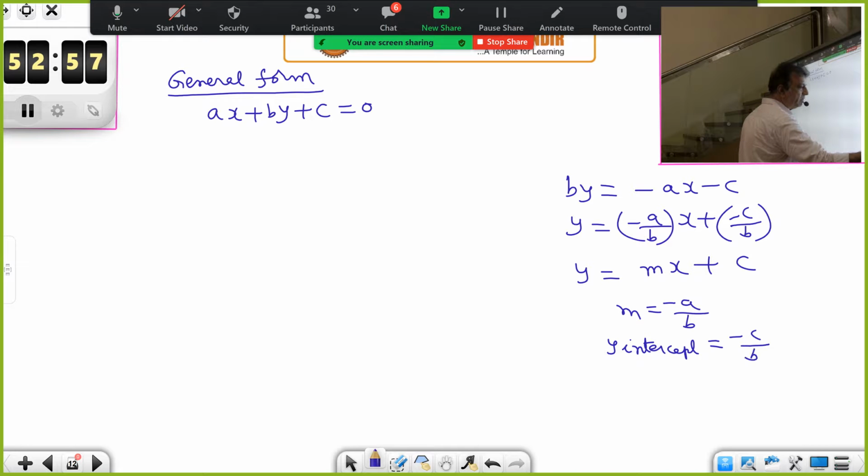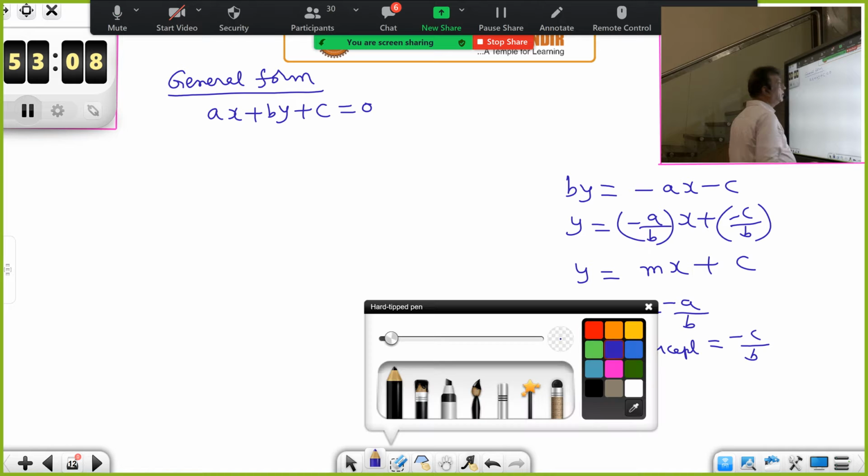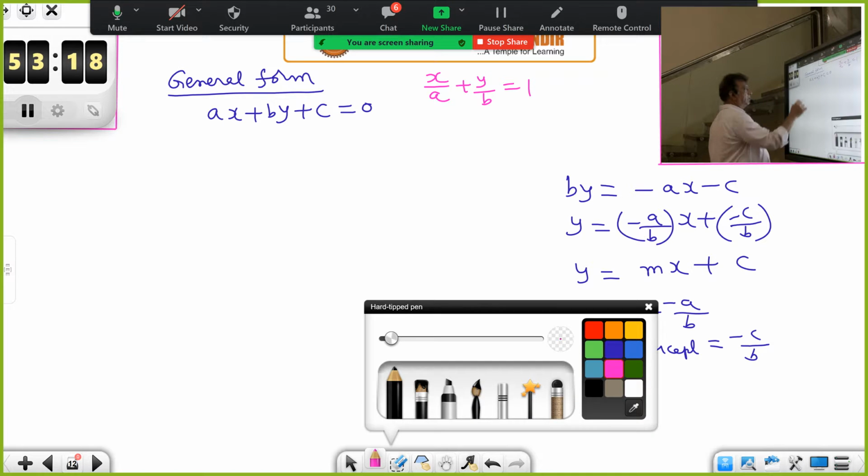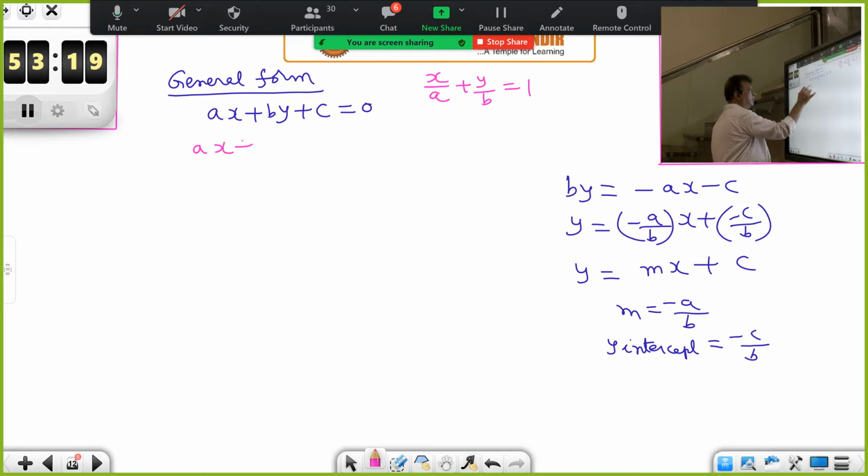Minus c by b. Now same general equation, let us put it in the intercept form. Come on, what is the intercept form, Shilpita? So in this form I want to put it. What should we do first? Constant must be taken to the right side. Ax plus by is equal to minus c. First we should take the constant to other side.